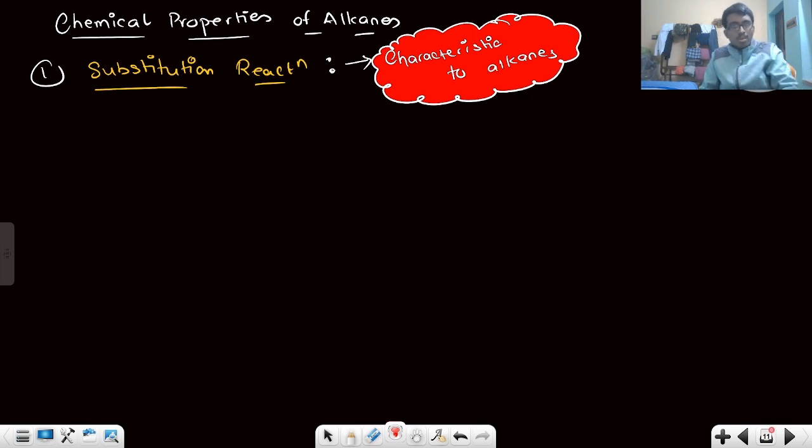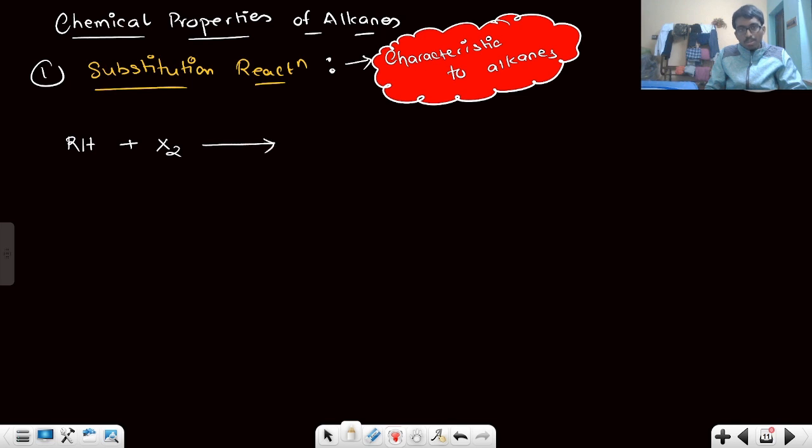Clear? Now what exactly is substitution reaction? Basic funda is, let's take RH, and this is an alkane. When I am reacting an alkane with a halogen, halogen will always be in the form of X2.